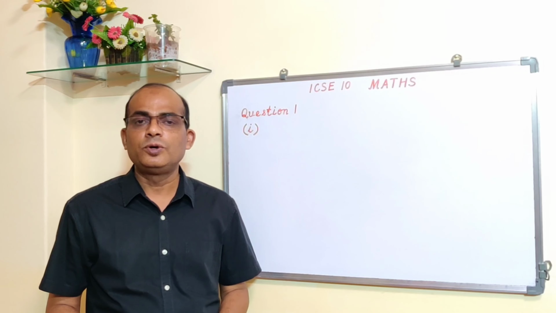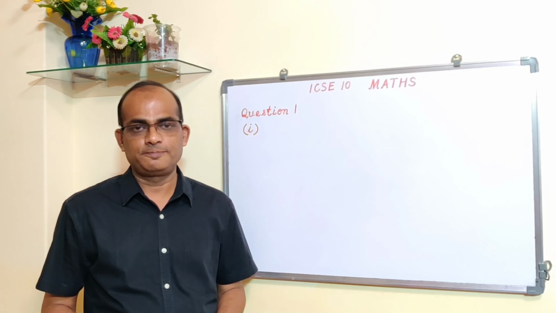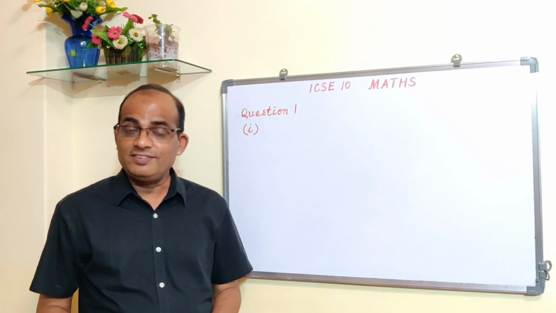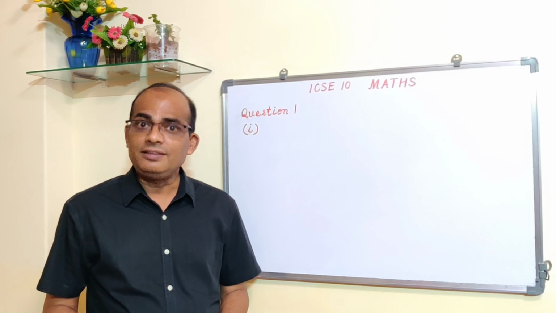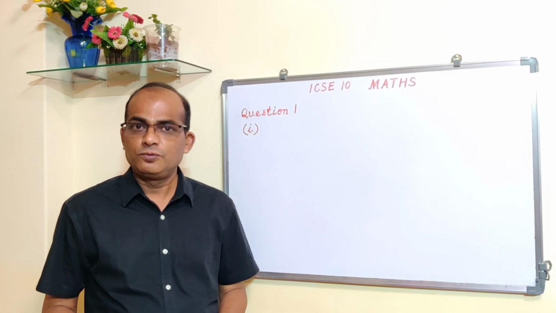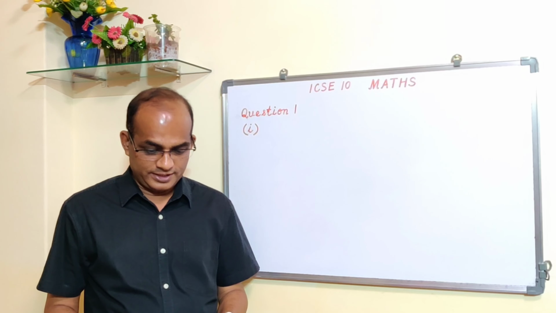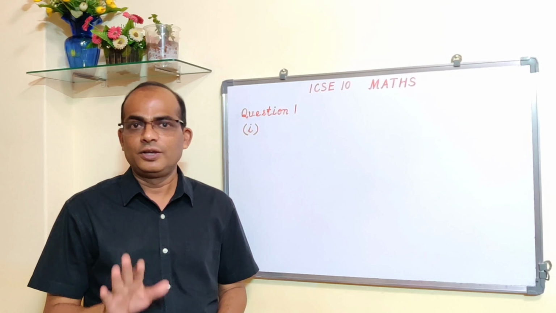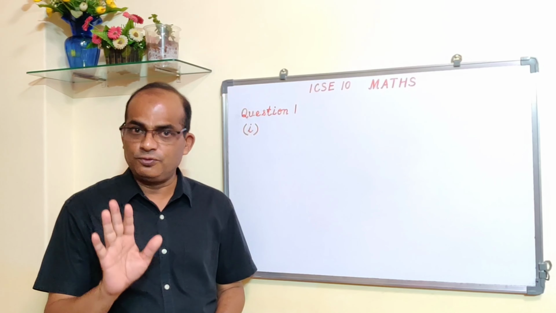Question number 2 is for 12 marks, 3 sub-questions, 4 plus 4 plus 4. Question number 3 is for 13 marks, again 3 sub-questions, 4 plus 4 plus 5. So 15 plus 12 plus 13, total in Section A is 40 marks.